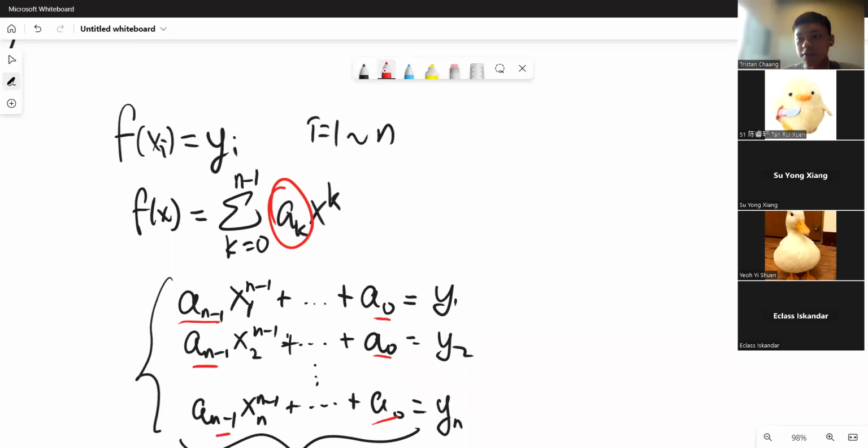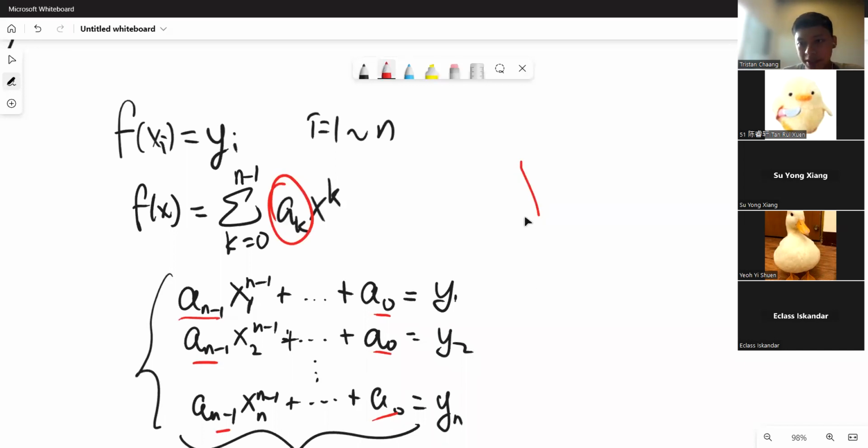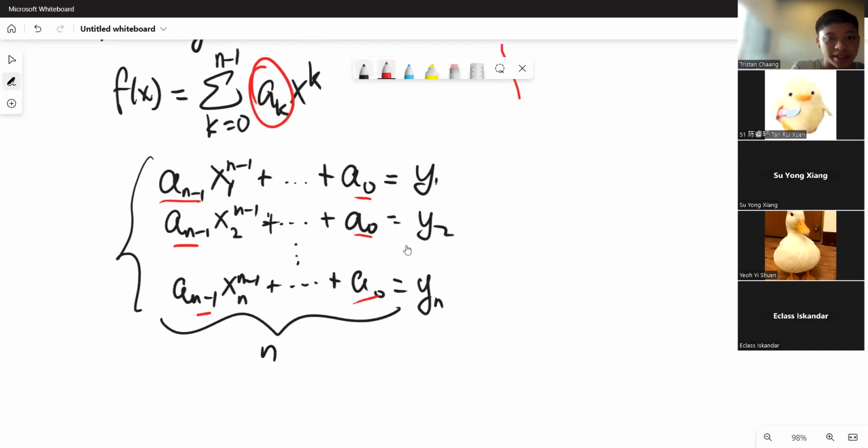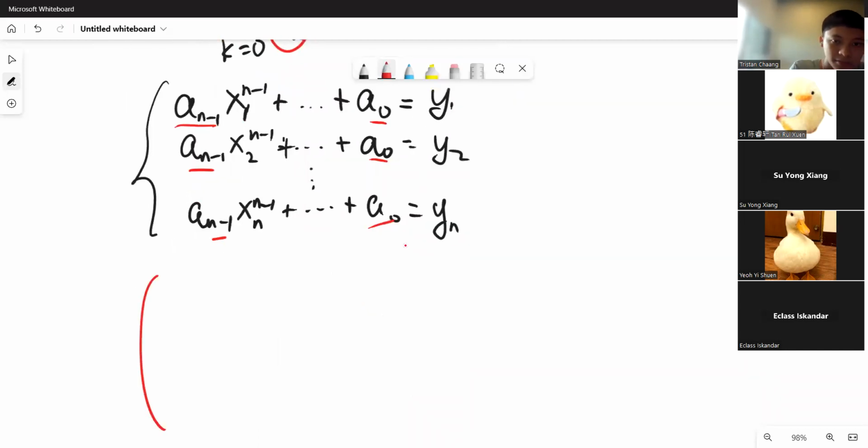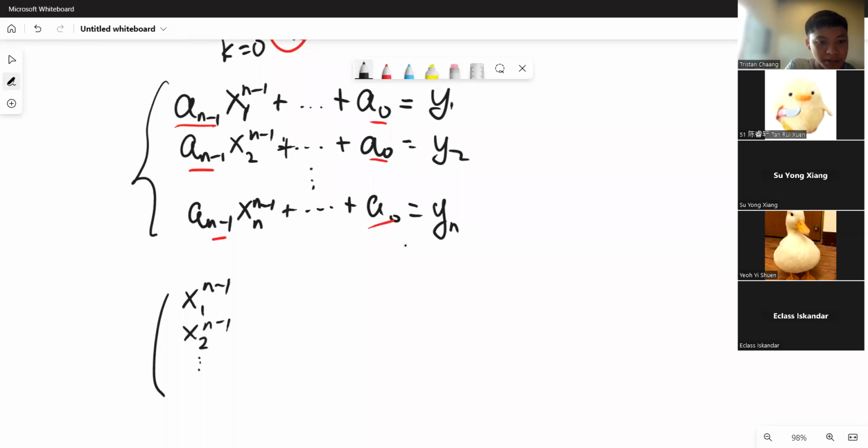If any of you have learned some basic matrices and linear algebra, we can write this as this. Of course, if you don't know what I'm writing, it's okay. This is just for fun. So x1 to the n minus 1, x2 to the n minus 1, and so on down to 1 1 1. This will be an n by n matrix.